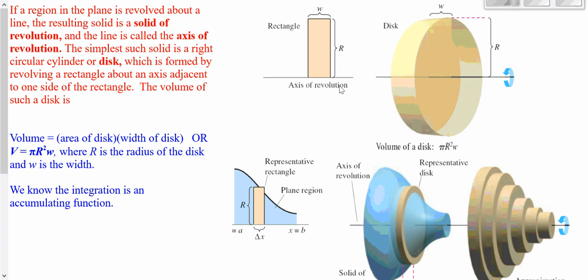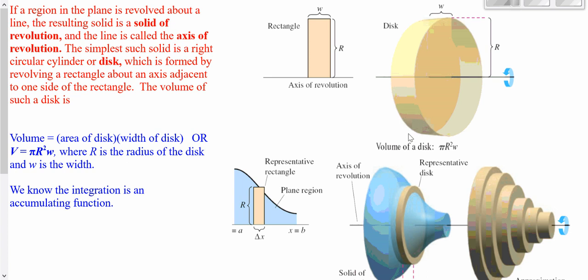When we were looking at area underneath the curve, we would take and add all these rectangles together and then take the limit as the width of the rectangles goes to 0, or the number of rectangles goes to infinity. We can do the same thing here. We add all these disks together, and when we take that limit, it ends up going towards our integral.